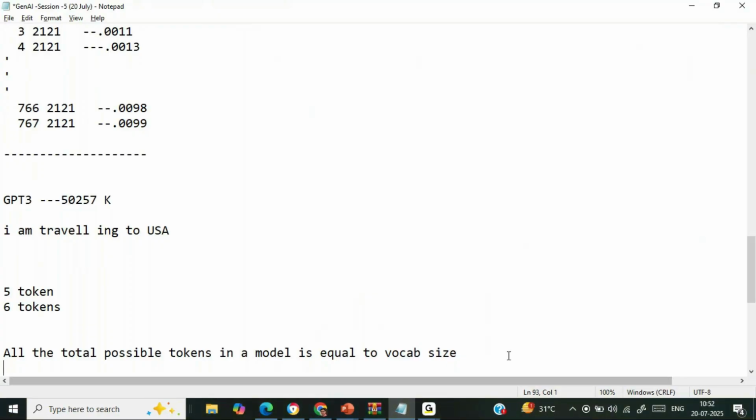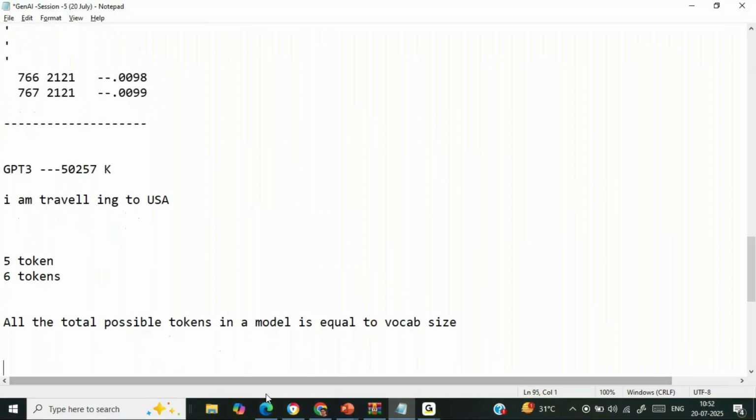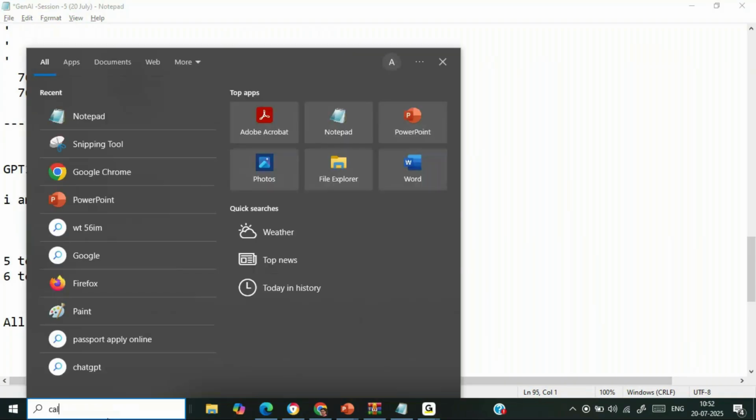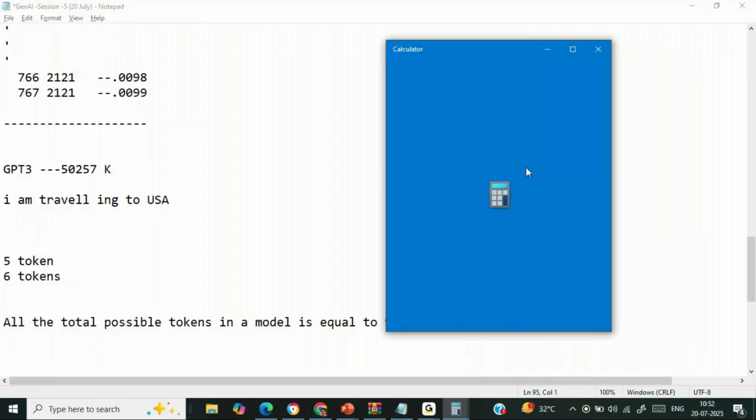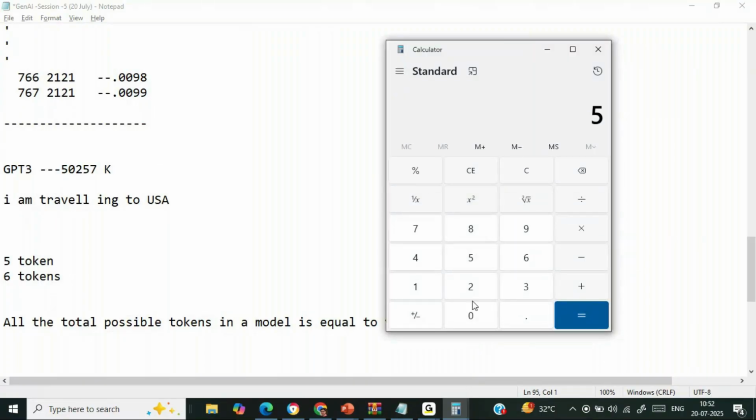Now, you can think in this particular way, calculator. So, we are having 50K tokens, 50257 into 12288.